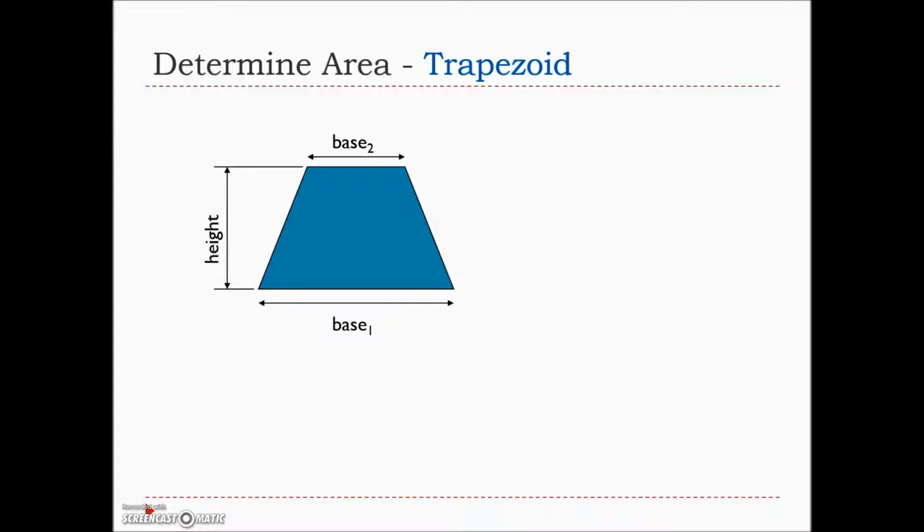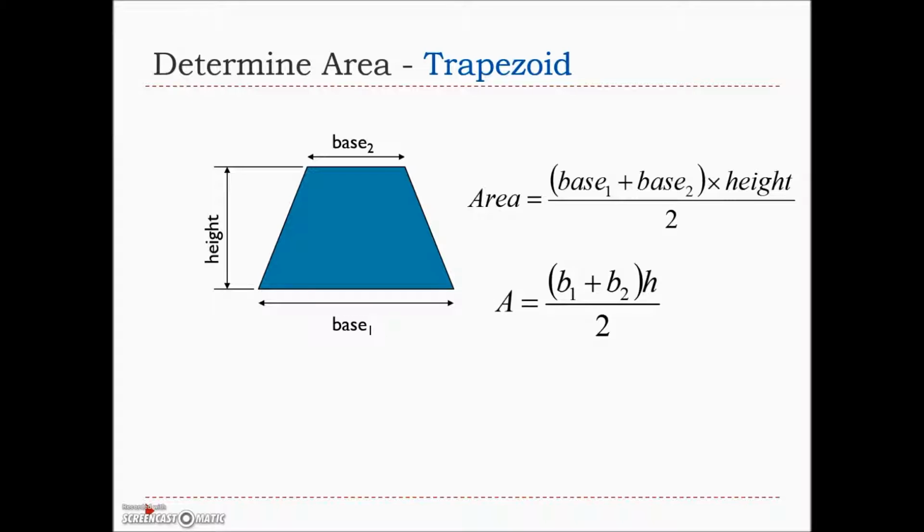So generalizing this formula for the area of a trapezoid, we're going to take the 2 base lengths, add them together, divide that by 2, and multiply it by the height.